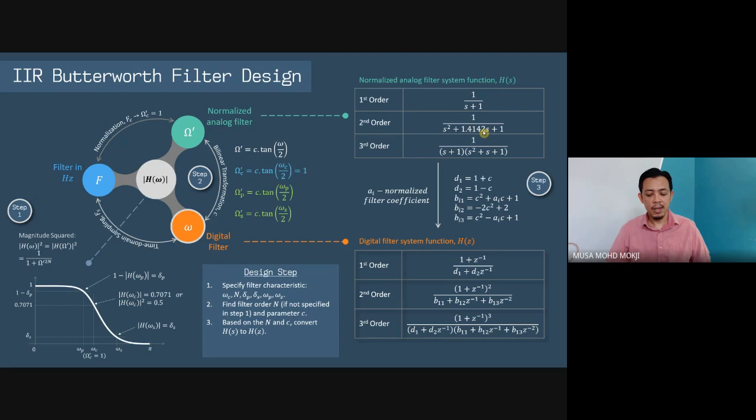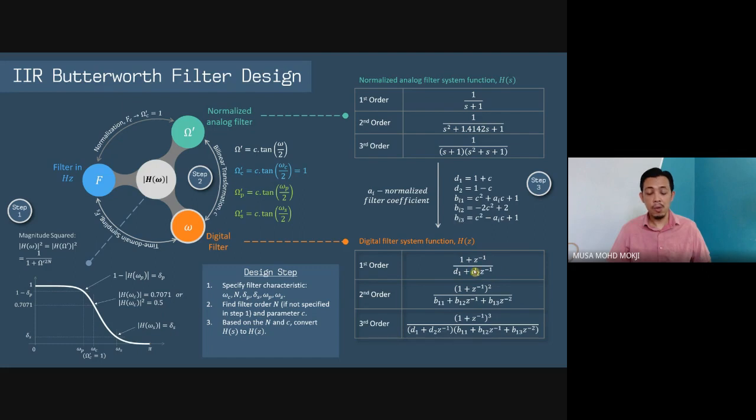Okay, and this is why, in converting this, this is actually the conversion. For first order, 1 over S plus 1. So actually you will get in the discrete or digital filter, 1 plus Z minus 1 divided by D1 plus D2 Z minus 1.